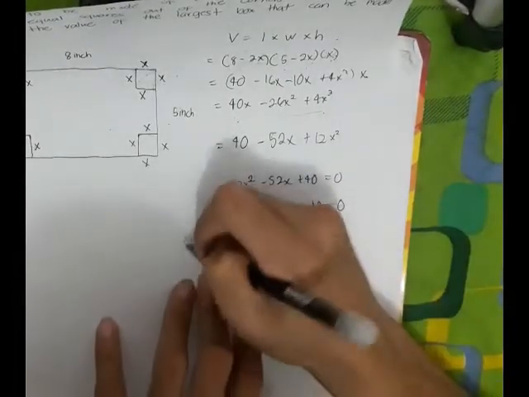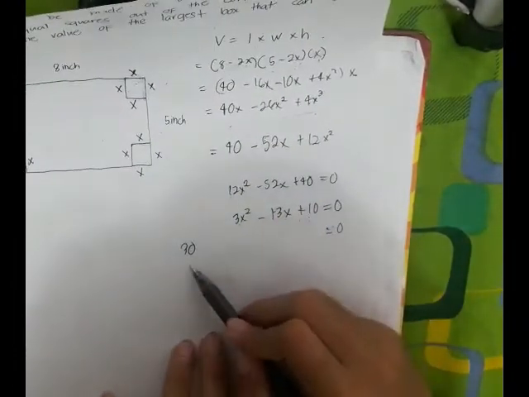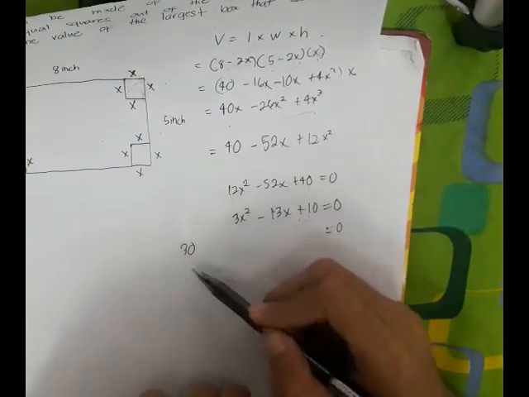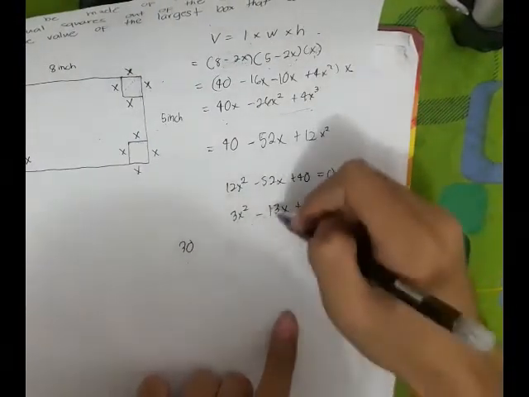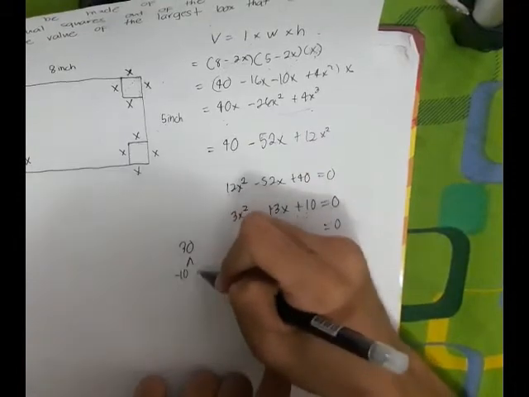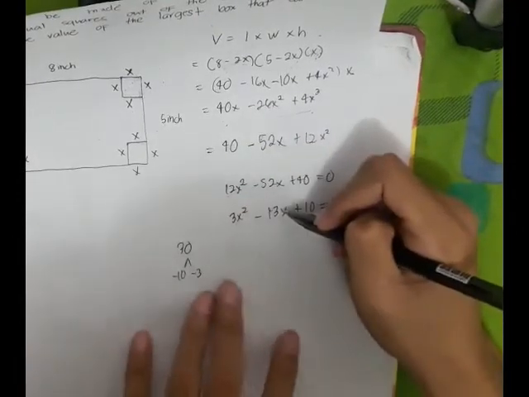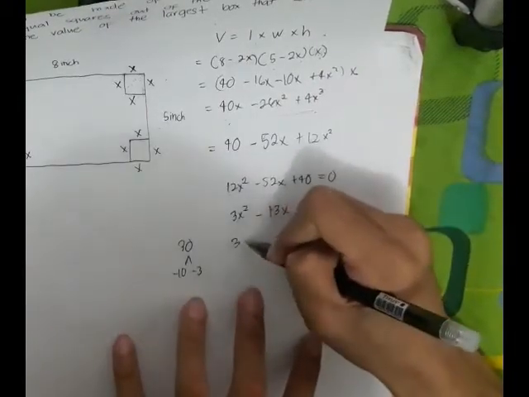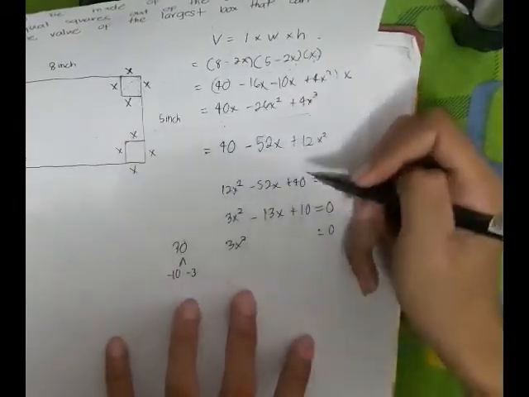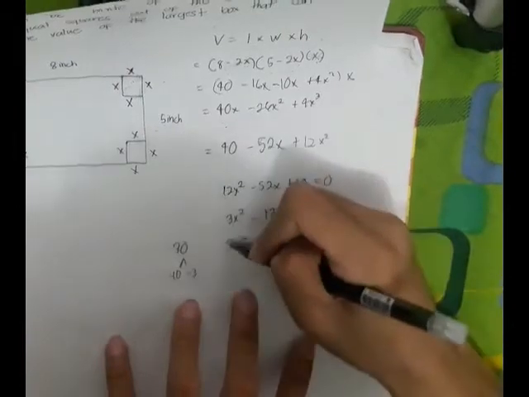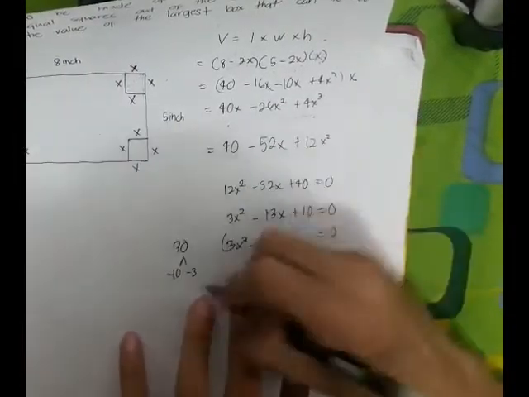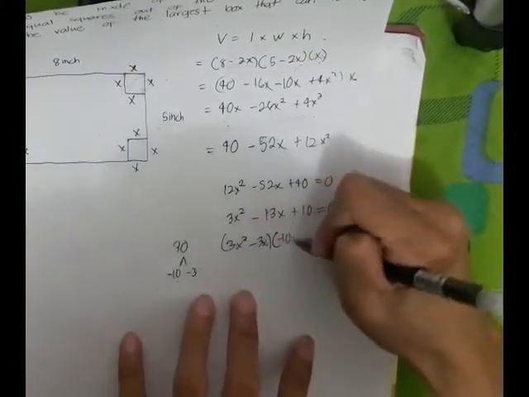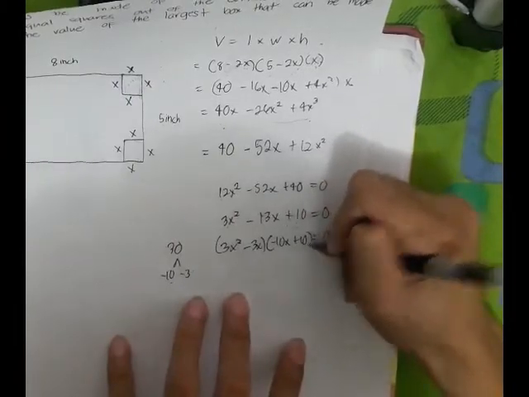3 times 10 equals 30. We need multiples of 30 that add to 13, so negative 10 and negative 3, which gives negative 13. So 3x squared minus 3x, then negative 10x plus 10.